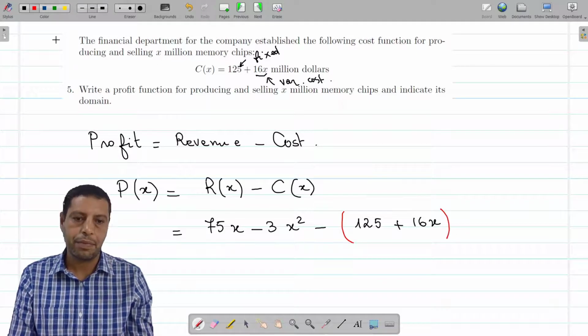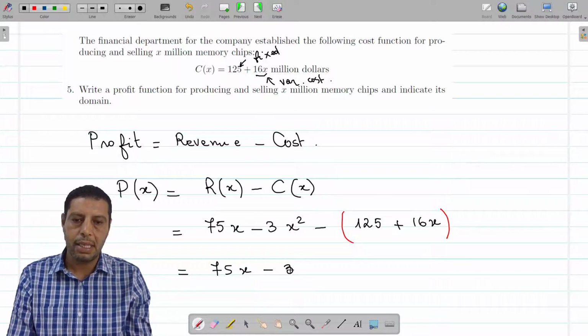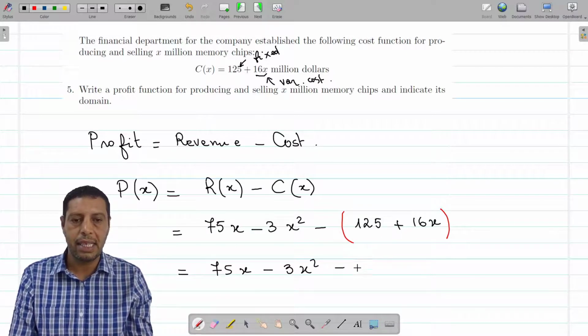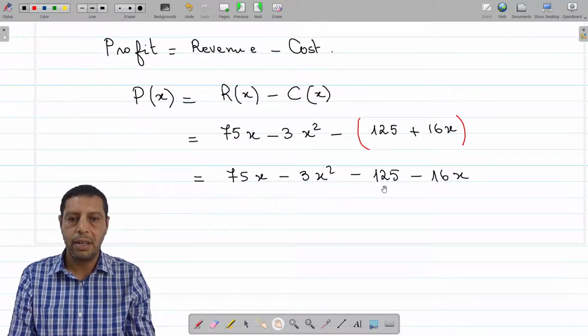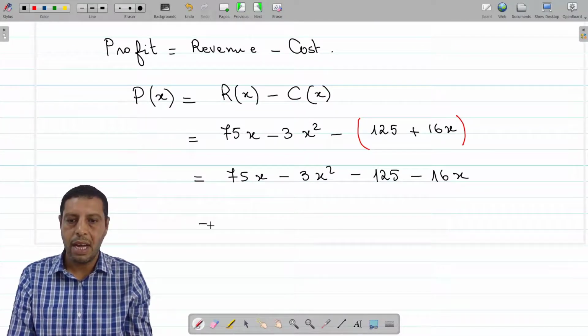So here, if you try to simplify this a little bit, you're gonna obtain 75x minus 3x squared, minus, now we remove the brackets and we inverse the signs inside, okay? So 125, pay attention to this, minus 16x. Of course, we can group the similar terms. Here, I'm gonna start by writing the quadratic term, minus 3x squared.